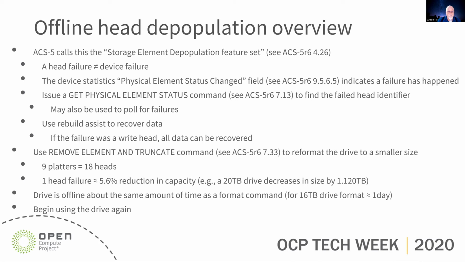And if you really want to be fine grained on it, you can also poll frequently to find that information. You could use rebuild assist to recover the data. If the failure was a write head, all the data can be recovered and there's no need to use rebuild assist. Next, you would use the Remove Element and Truncate command to reformat the drive to a smaller size.